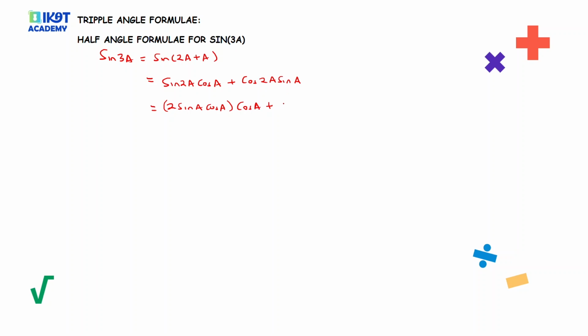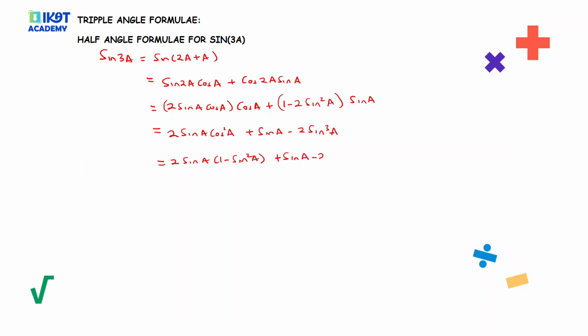Now we're going to use this expression for cos 2A, because since this is sine, I want everything to change to sine. When you open this bracket, this will be 2 sine A cos squared A plus sine A minus 2 sine cubed A. Even here, this is 2 sine A times (1 minus sine squared A) plus sine A minus 2 sine cubed A. Now we can finally open this bracket.